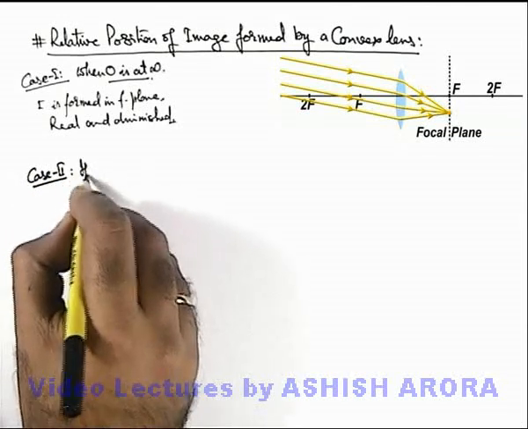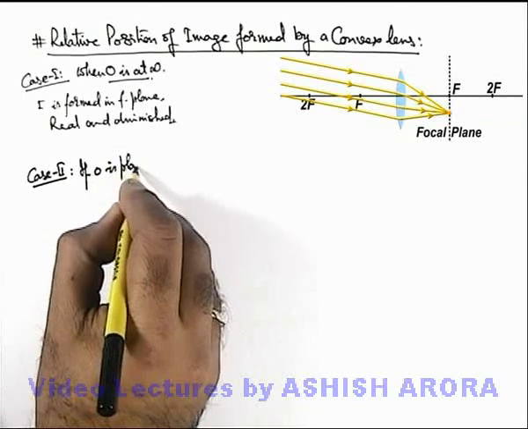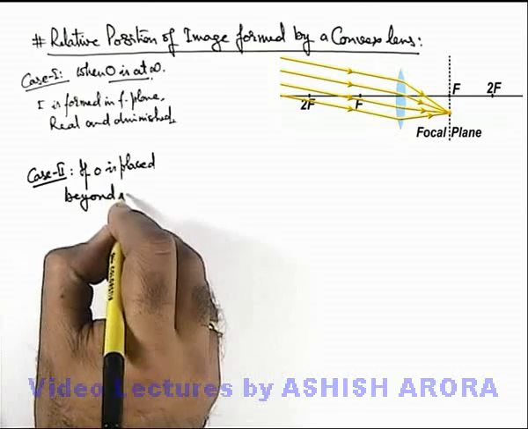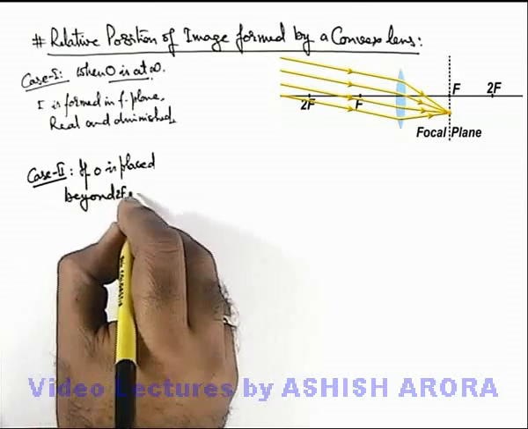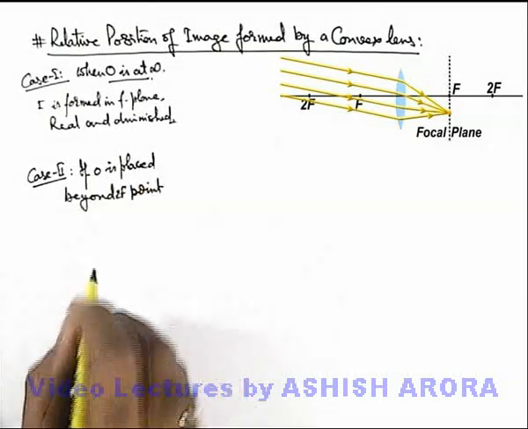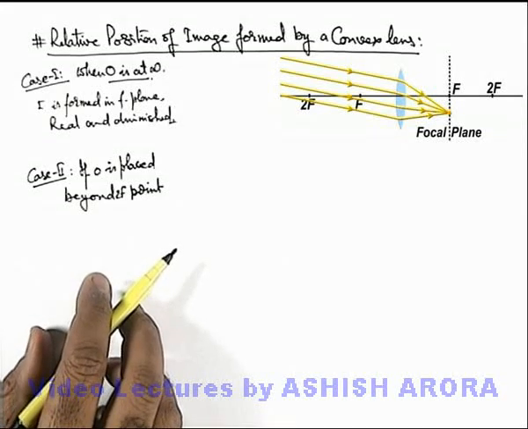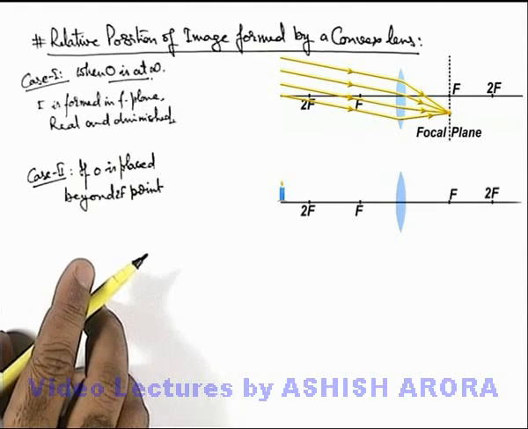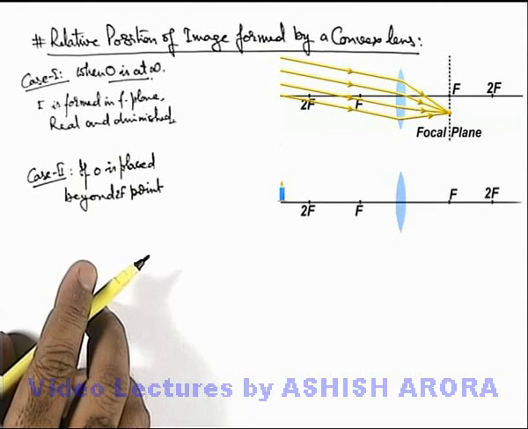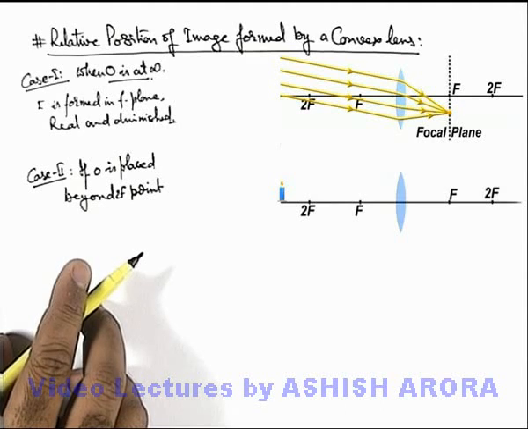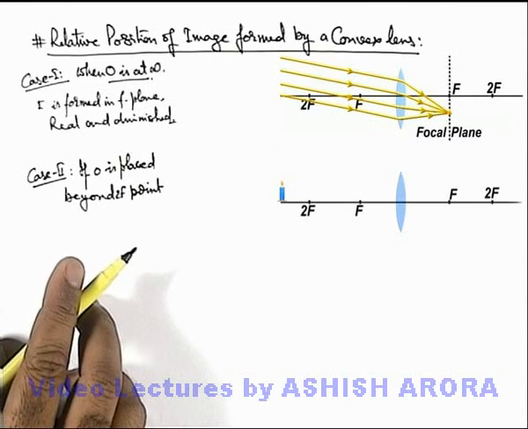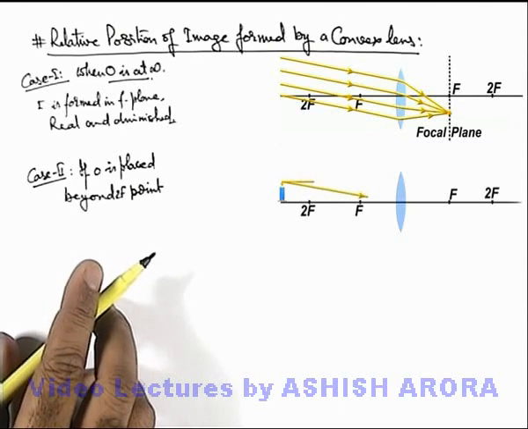we can see the object is placed beyond the 2f point, like the situation we can see in this analysis, where on the left side of the convex lens an object is placed beyond the 2f point. So for the light rays falling onto the lens here, we can consider one ray passing through the optic center of the lens and another one parallel to the principal axis.